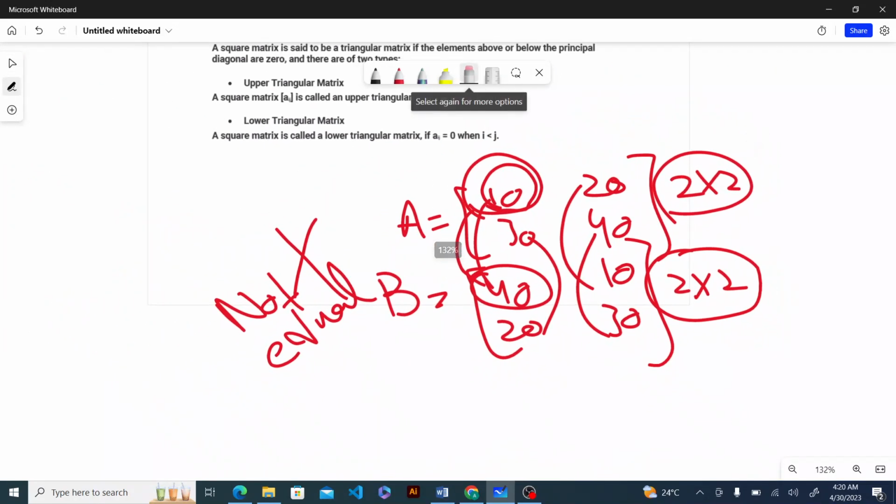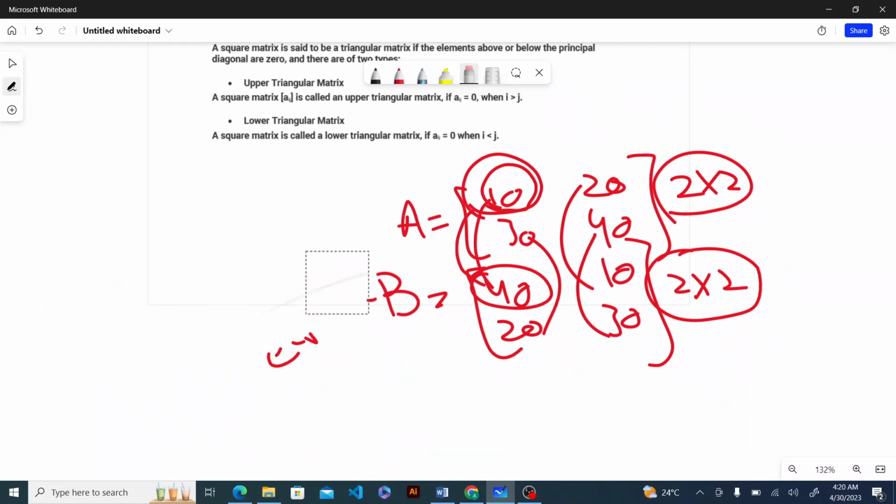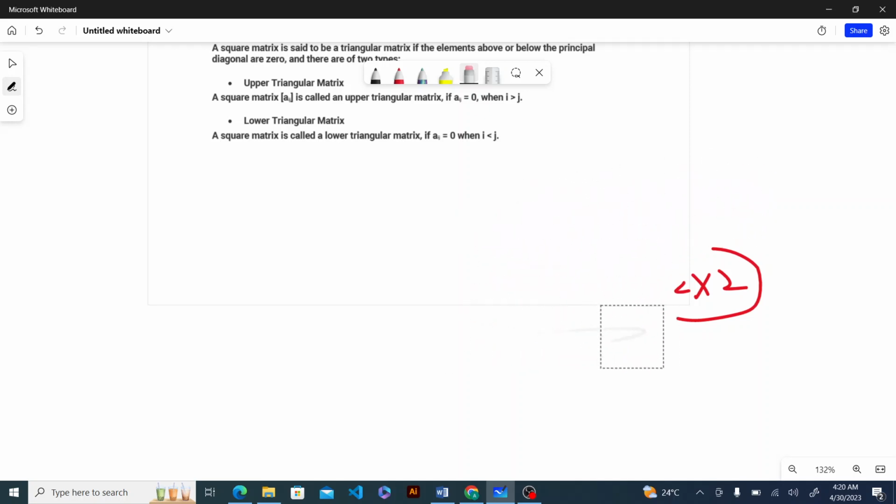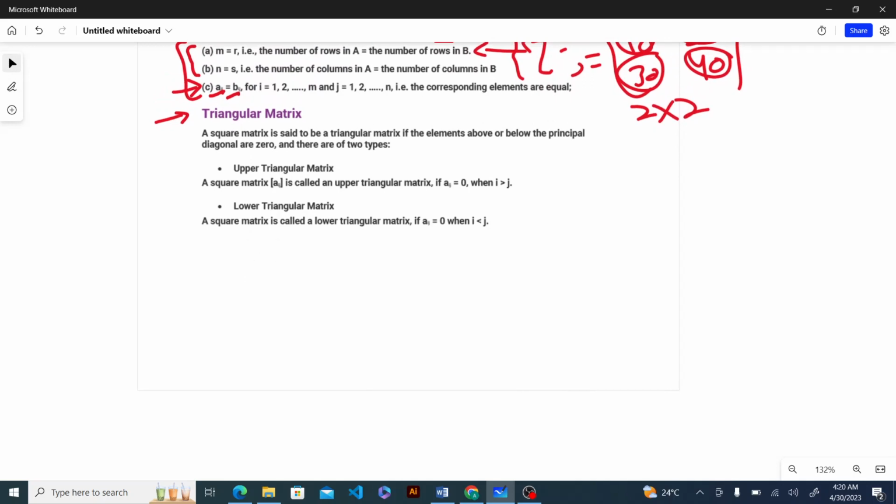I'll explain it here so that you can relate it to the definition. So the definition says a square matrix is said to be a triangular matrix if the elements above or below the principal diagonal are 0.